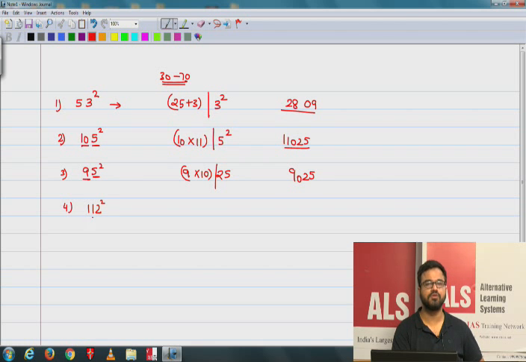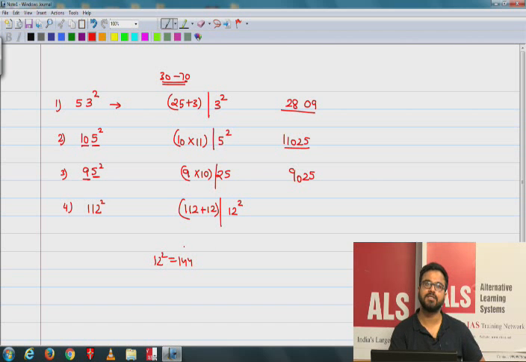And 112 square. Now you can take the base of 100 over here. So 112 is 12 greater than 100. So on the right hand side we will do 12 square, and we will add this same 12 to the number itself on the left hand side. So 112 plus 12 we will do. 12 square, you should know, is a 3-digit number, and 12 square is 144.